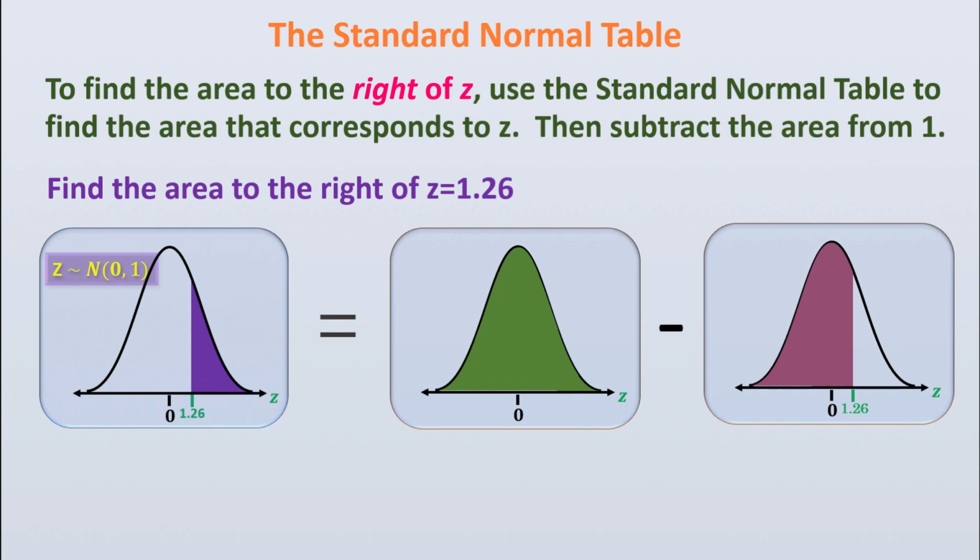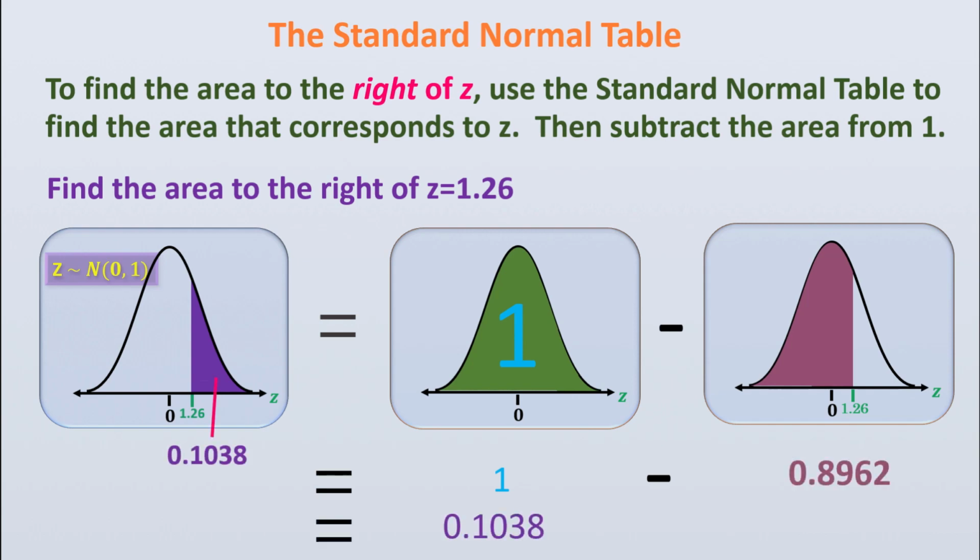Then you can get the area right to the z-value. So what is the entire area? It is 1. Therefore 1 minus, and we already know the area left to the 1.26 from the example we discussed before, that is 0.8962.